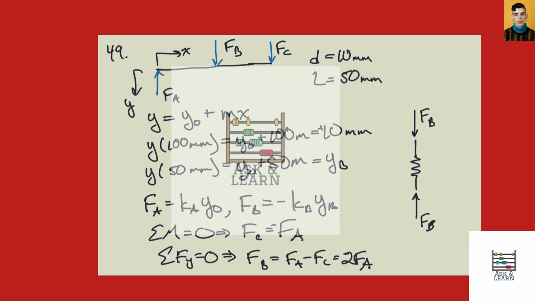This side is grounded, so it doesn't move, and this side, I've said positive is down. So we need a negative sign, because the positive direction for the force is up, while the positive direction for the motion is down.